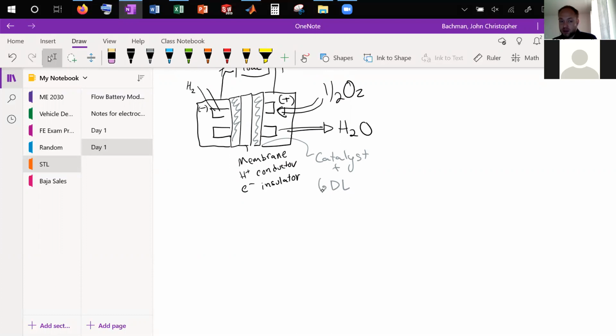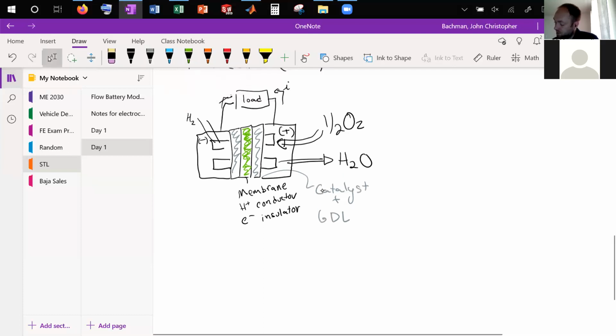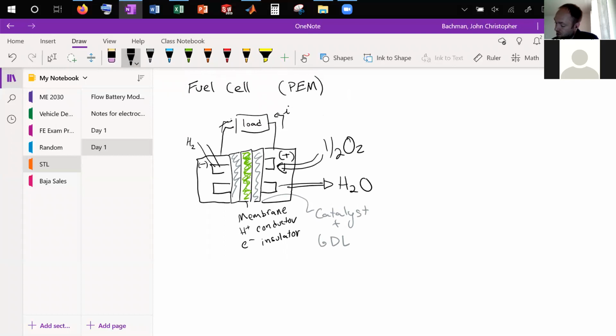And the way that's done is that the membrane in the middle doesn't conduct the hydrogen atom. It doesn't conduct electrons, just the proton. But this extra circuit allows the electrons to flow. So around here, you have your electrons flowing.